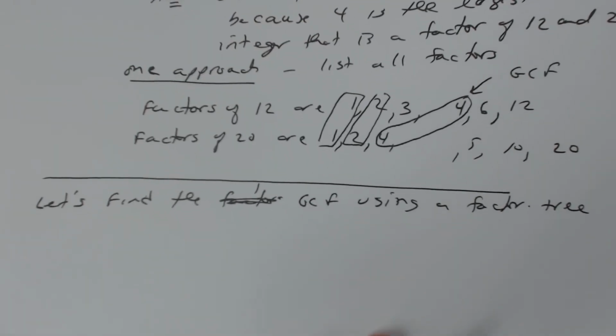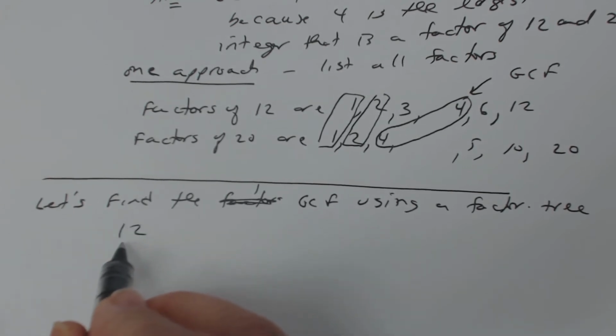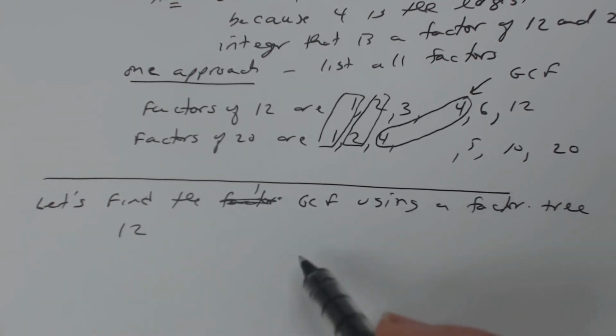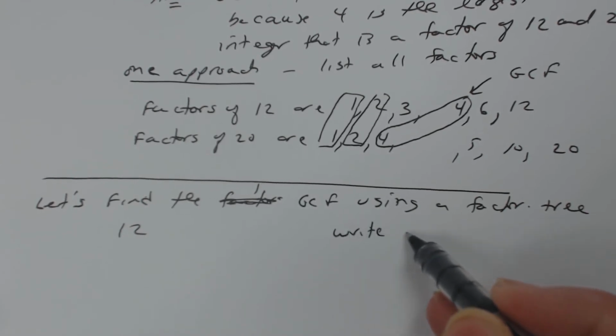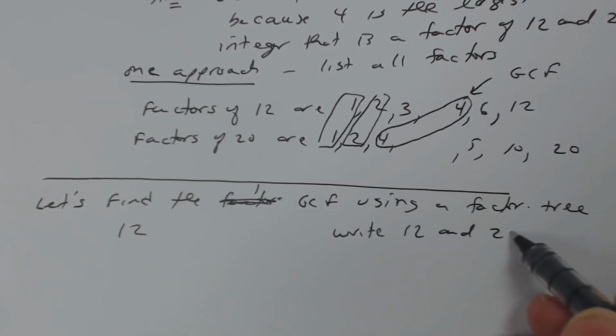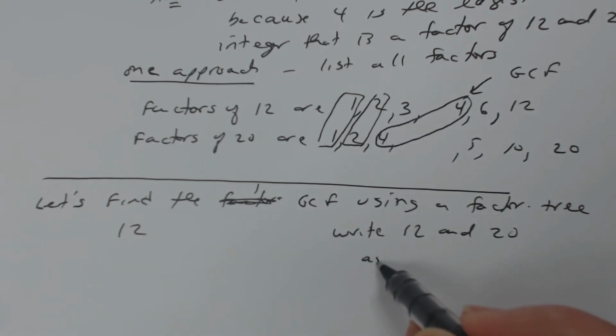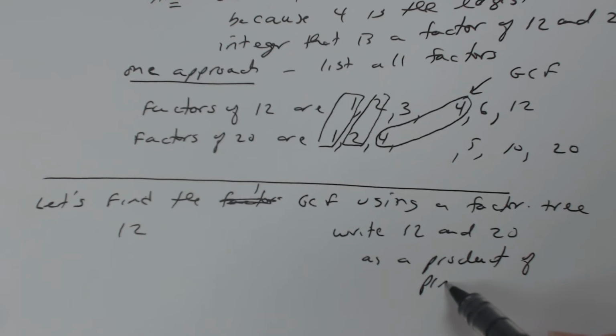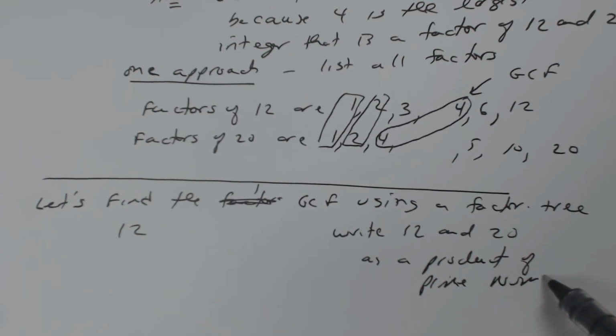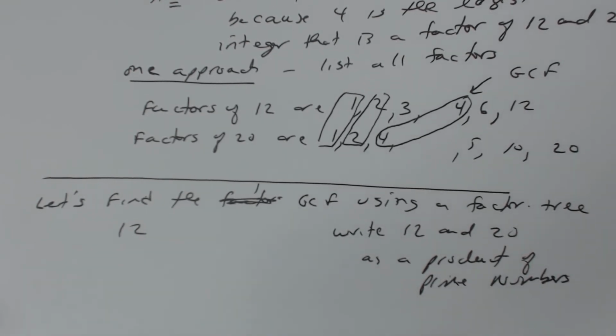Basically you would write 12 as a product of prime numbers. So the idea is to write 12 and 20 as a product of prime numbers. Okay, so that will be another approach.